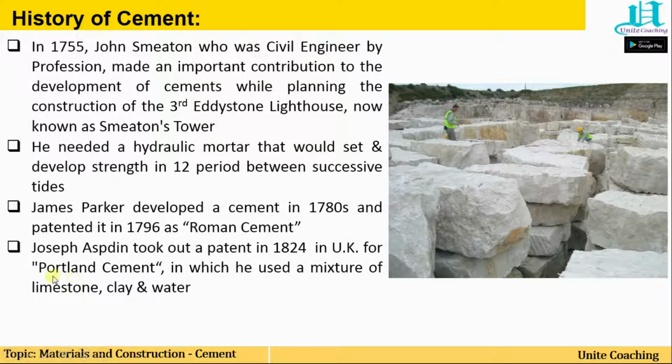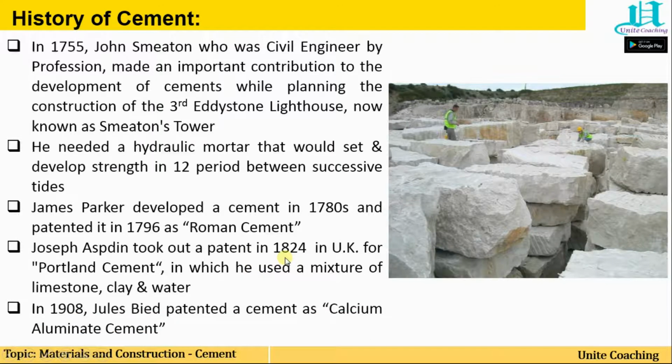Even nowadays you use this cement, Portland cement, or you hear this concept. He used a mixture of lime, clay and water. Basically, what is Portland? It is a stone found in England. From that he made one cement, that is Portland cement, and he patented that cement in 1824.